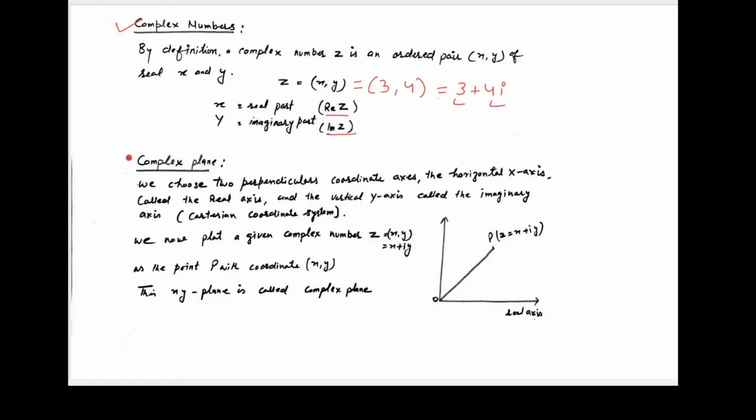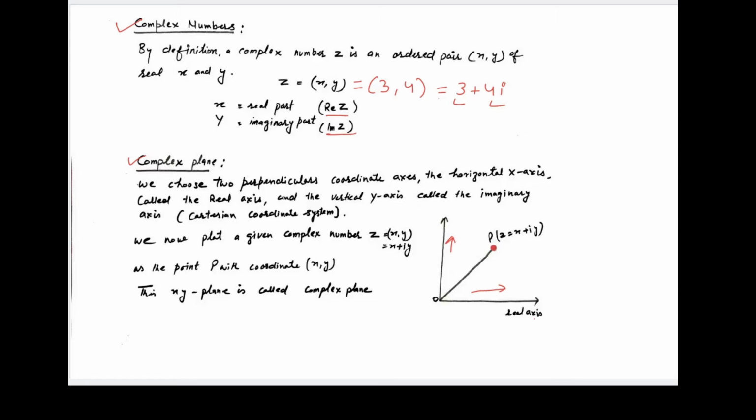Now complex plane. Suppose we have a coordinate system. The horizontal axis is real axis and the vertical axis is imaginary axis.